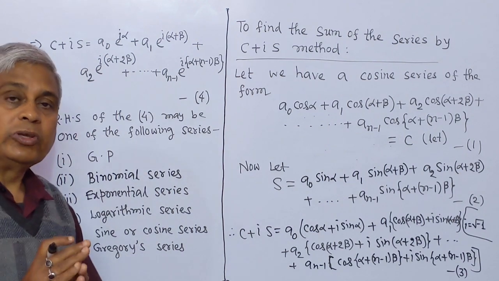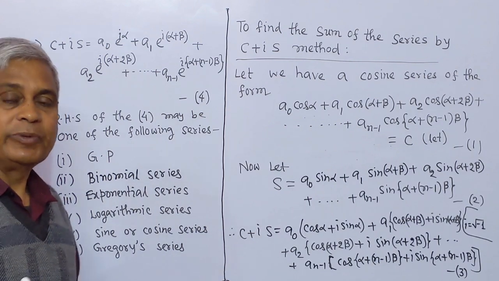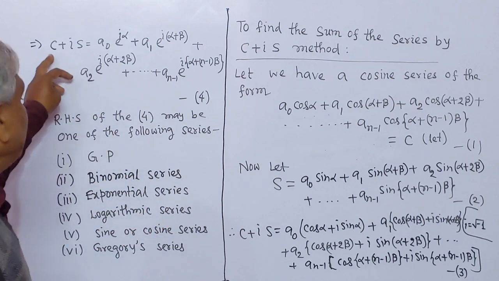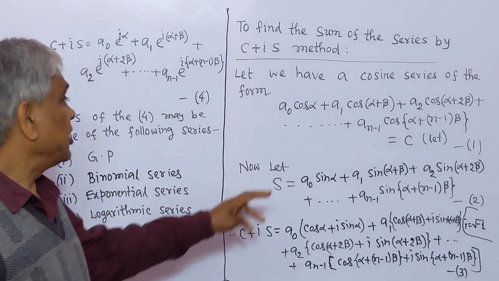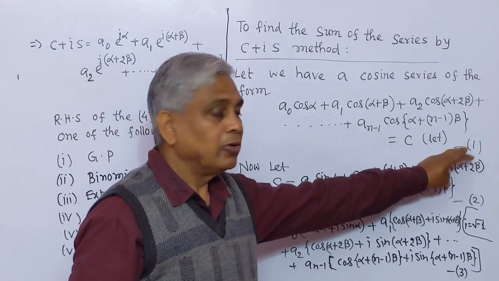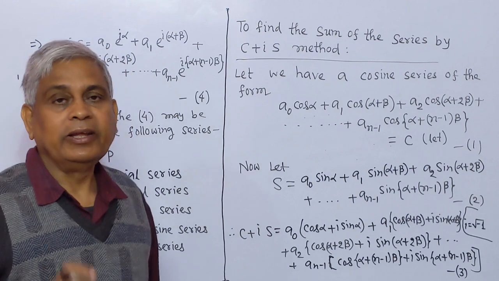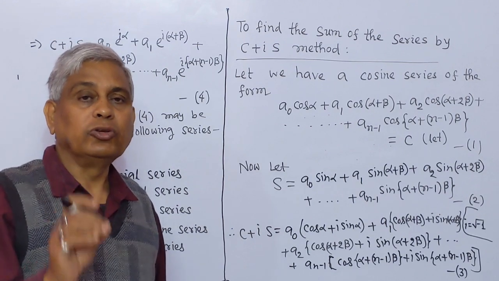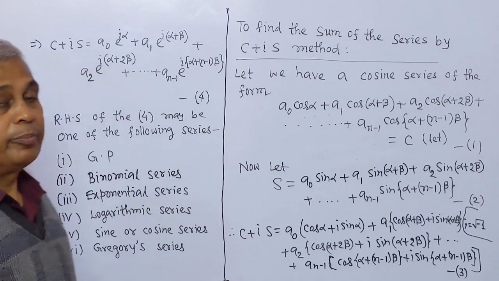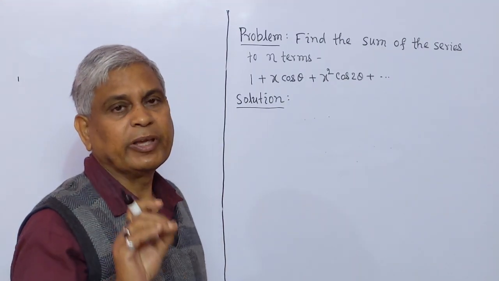Then we separate the real and imaginary parts of the series. The real part will be C, the summation of the series given in number 1. In this chapter, we will deal with all those series of C+iS form in GP.